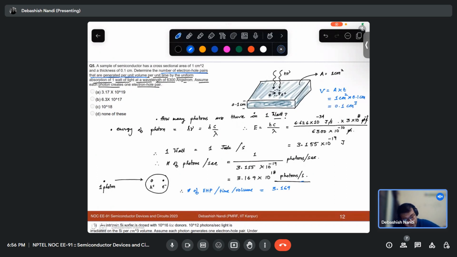Okay, 3.169 into 10 to the power 18 over, this is photons per second over 0.1 centimeter cube, that is 3.169 into 10 to the power 19 per centimeter cube per second. Okay, so A is your right answer. Okay, so this is how you solve this kind of problems.